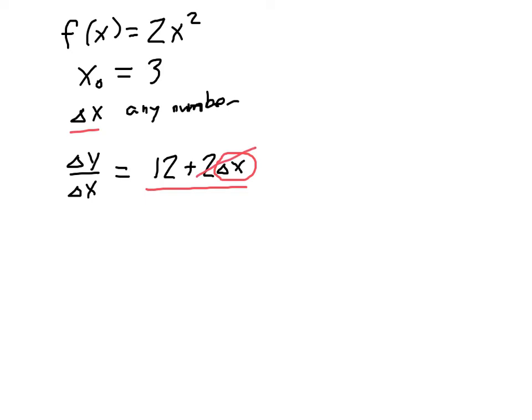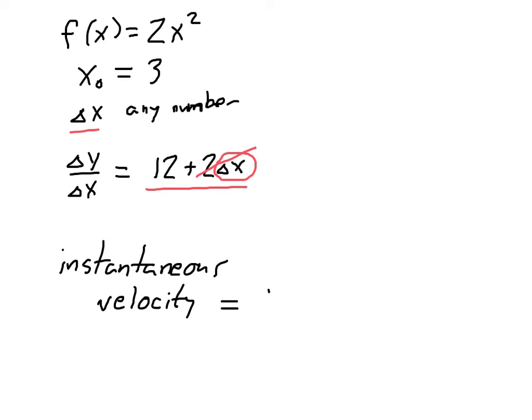So we end up with an instantaneous velocity of exactly 12 meters per second. Now this idea of letting delta x get closer and closer to 0 is invoking an idea called limits, which we're going to be studying a little bit more in the next couple weeks, and in a little bit more depth at the end of the semester.